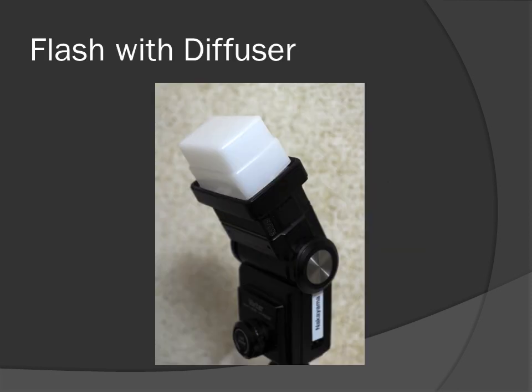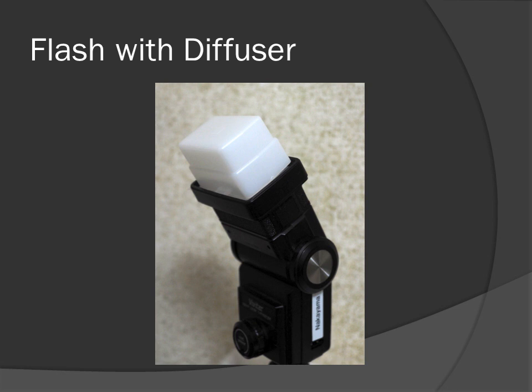This is what one version of a diffuser looks like. It's basically a frosted plastic cover over the front of the flash that lets the light diffuse. As you can see, it has 3 dimensions. The forward light is diffused going up, but the vertical sides will diffuse the light going sideways.